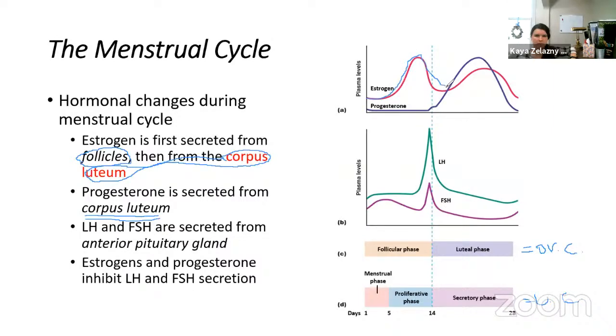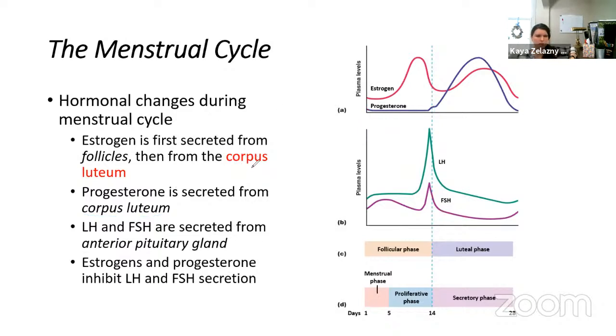It falls in the center, and then it has another increase in response to the corpus luteum. So it's kind of like a camel with two humps for estrogen. But when we look at progesterone, early in the menstrual cycle, for the first half during the follicular phase, there's like no progesterone. That's because the progesterone comes only from the corpus luteum. So that's one of the big differences between estrogen and progesterone that's important to know.